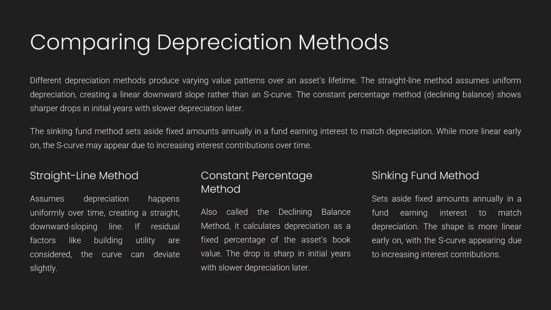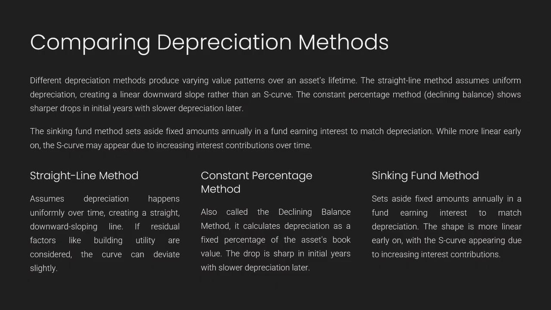So, what are the differences between the methods? What are the limitations when you are using these methods instead of the S curve? The problem is that different depreciation methods produce varying patterns over an asset's life. The straight line method assumes uniform depreciation, creating a linear downward slope rather than an S curve.